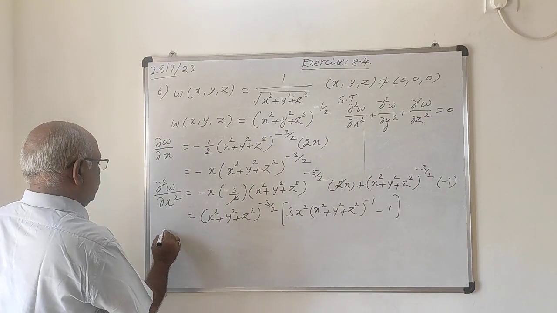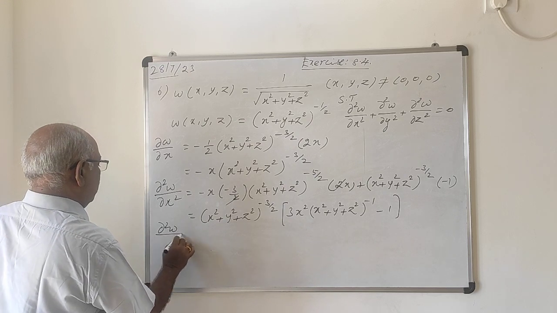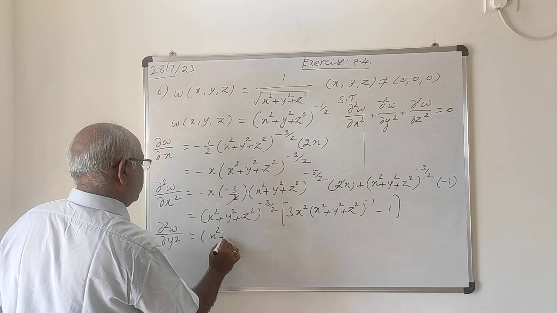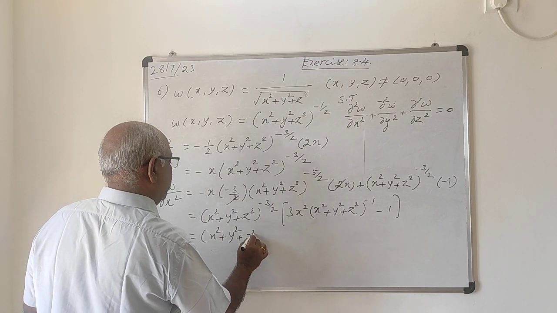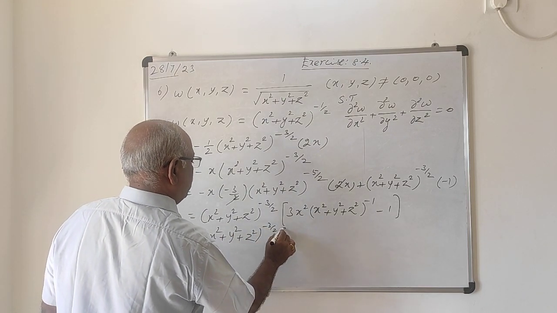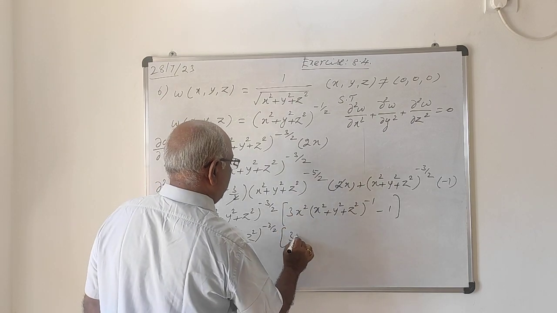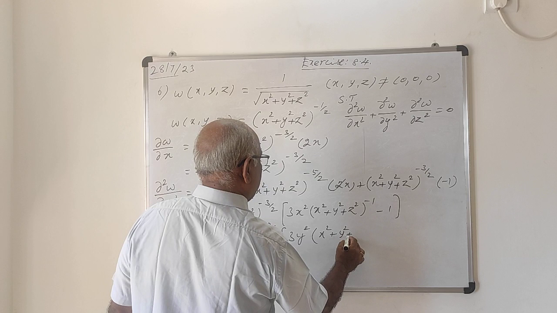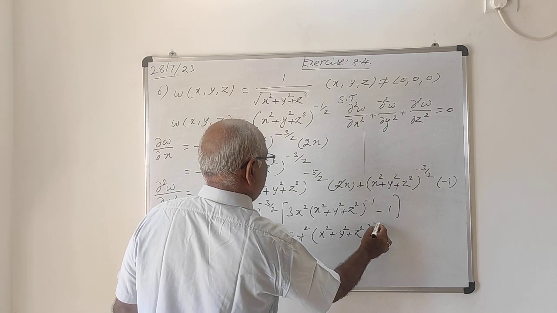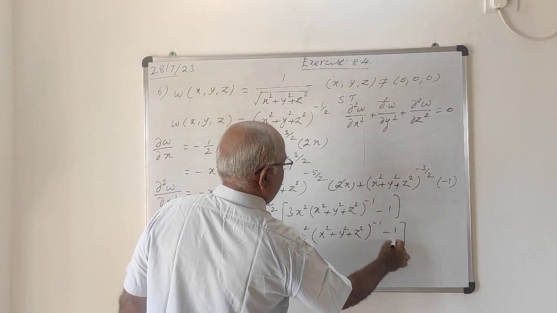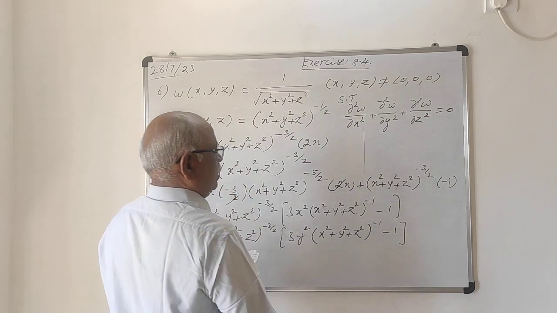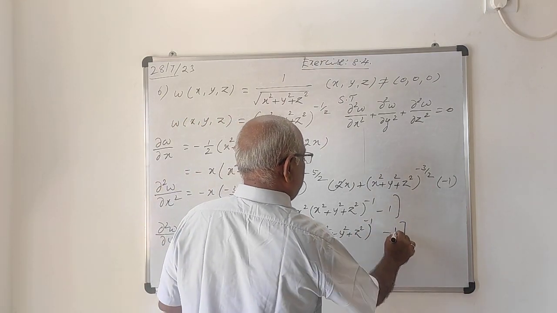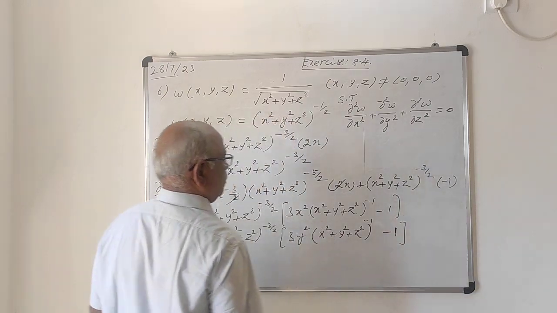Similarly, ∂²w/∂y² is also the same thing repeated: (x² + y² + z²) to the power minus 3/2 into, instead of x, you will get 3y² into (x² + y² + z²) to the power minus 1, the whole minus 1.